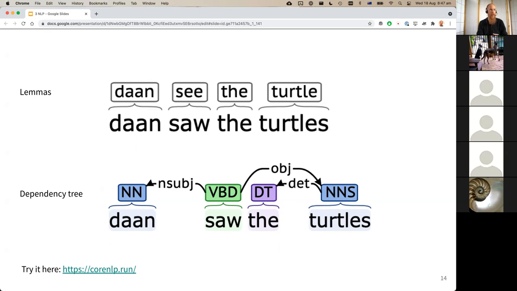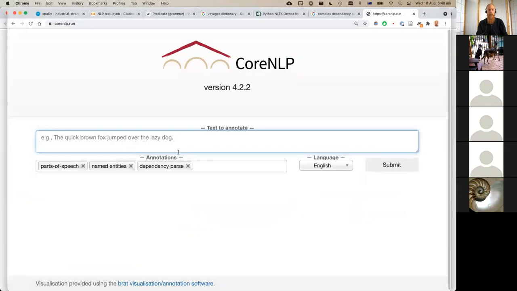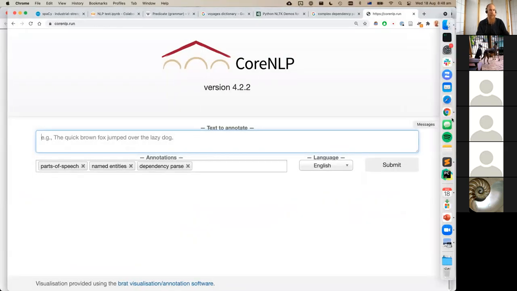And again, there's a nice online toolkit that we can play with, corenlp.run. Now I think that, I'll just check that URL. Yeah, so here we can type in an example. Ben is ready for more coffee.